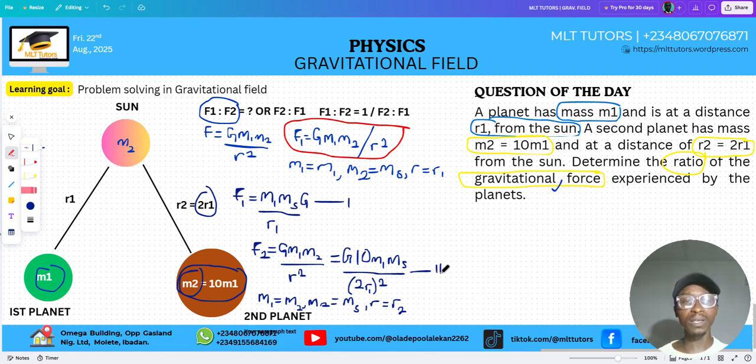Now we are almost there because this is actually what we are looking for. We are looking for the ratio of f1 to that of f2. Now, substituting our equation 1 and equation 2 into this ratio, look at our f1. This is the whole of our f1.